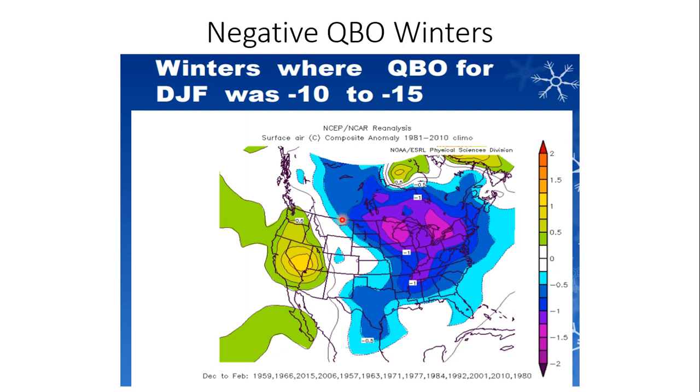So we have colder than normal December, January, and February periods when the QBO ranges between negative 10 and negative 15, and warmer than normal conditions across the western U.S. So much colder in the east, milder in the west. This would be indicative potentially of a weaker stratospheric polar vortex, directing the much colder air from high to low latitudes right into the eastern U.S.